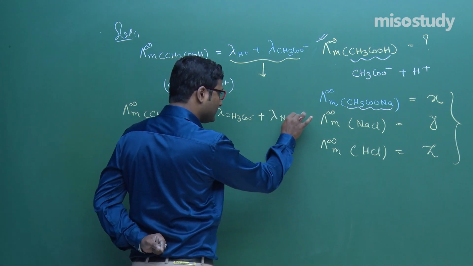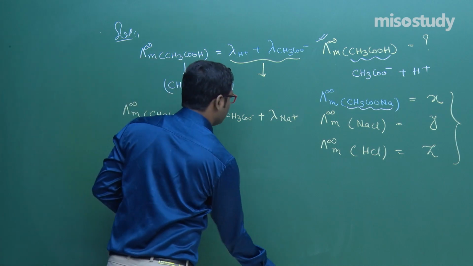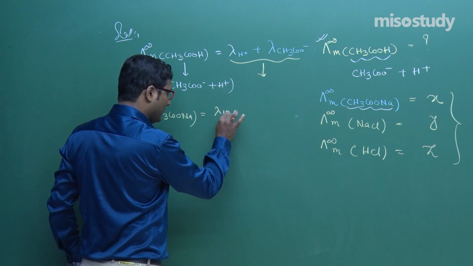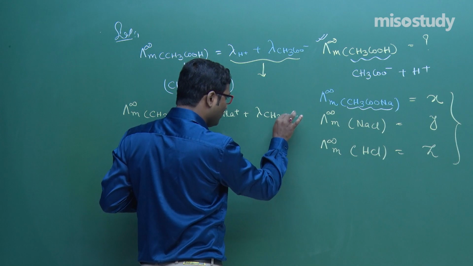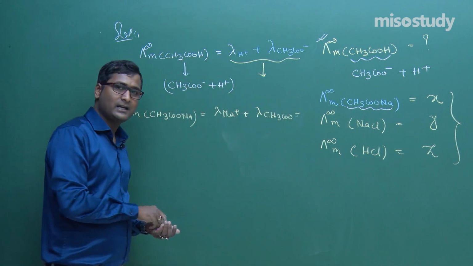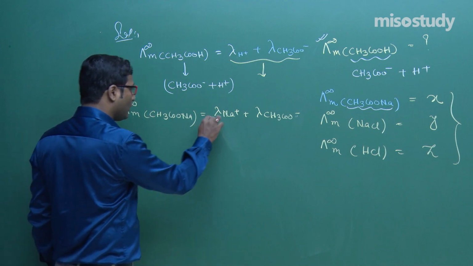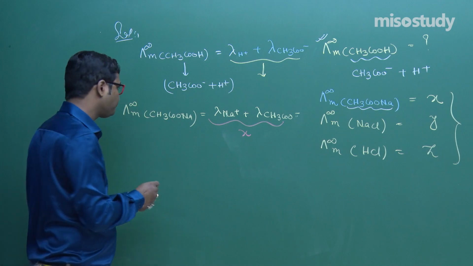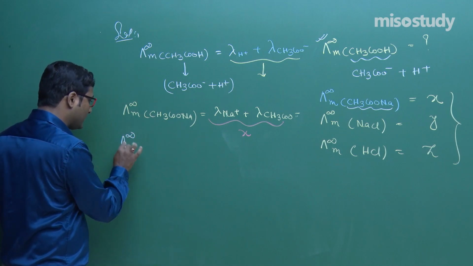It is better to write plus before and minus after, lambda Na+ and lambda CH3COO-. That is the ionic conductivity of cation and ionic conductivity of anion, and the overall value is given here, that is X. Yes, sir. I am taking time to solve this question because it is in your NCERT books.